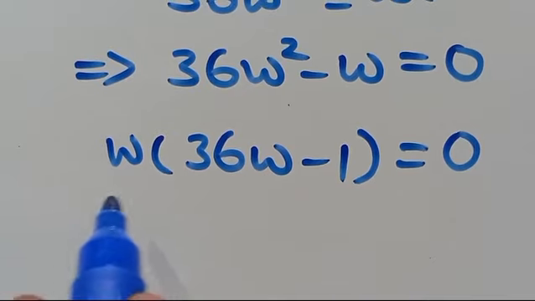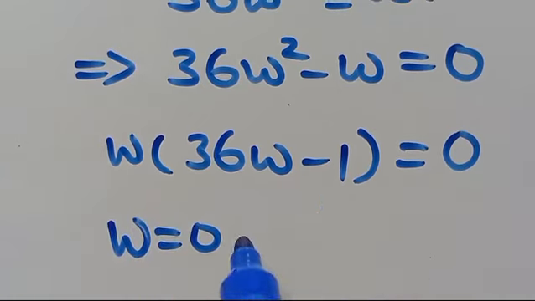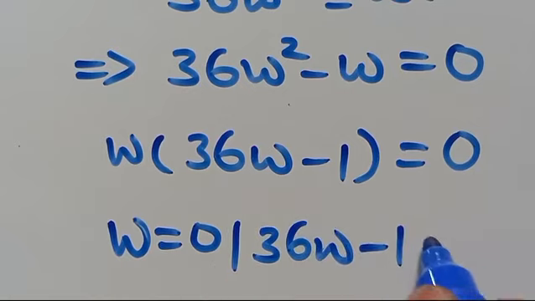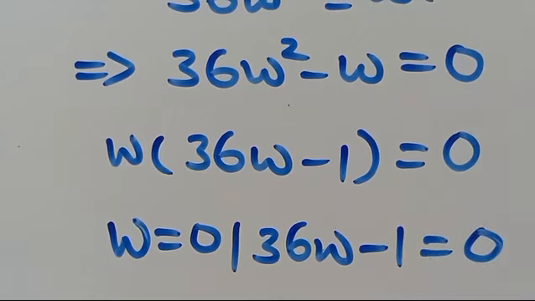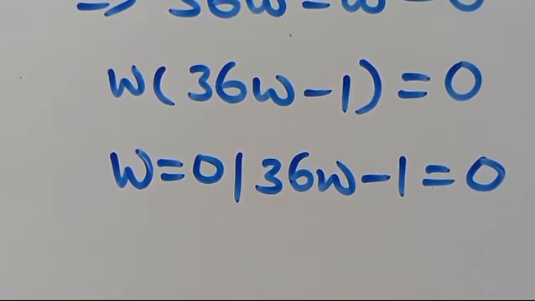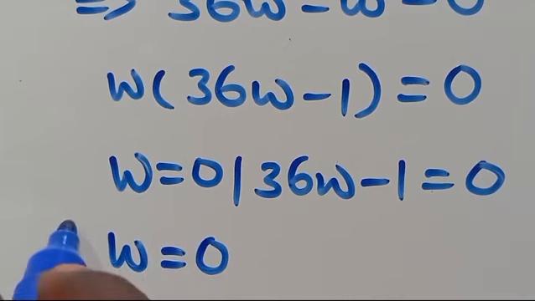For this expression to be equal to 0, either we have W equal to 0, because when we multiply with 0, here will be 0, or we have 36W minus 1 to be equal to 0. So from here we have W equal to 0 as the first solution.